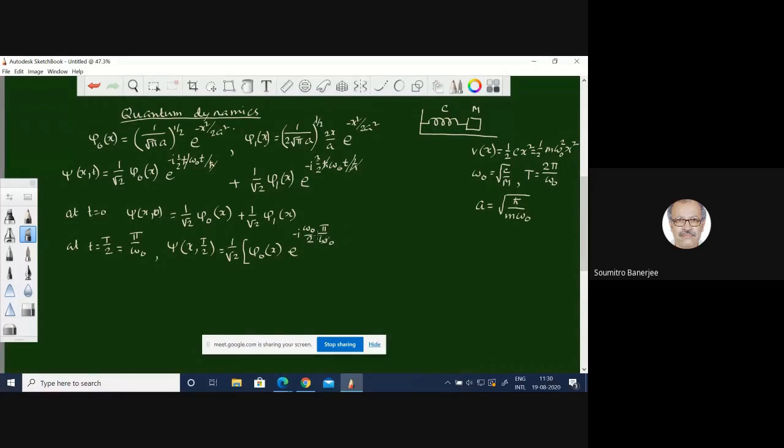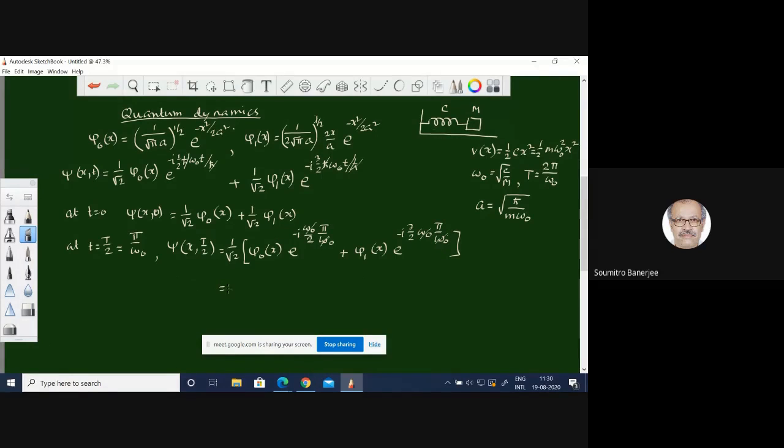So omega naught cancels off. What remains is pi by 2, plus psi 1 x e to the power minus i 3/2 omega naught pi by omega naught, which cancels off. Okay, so this is what we end up with.